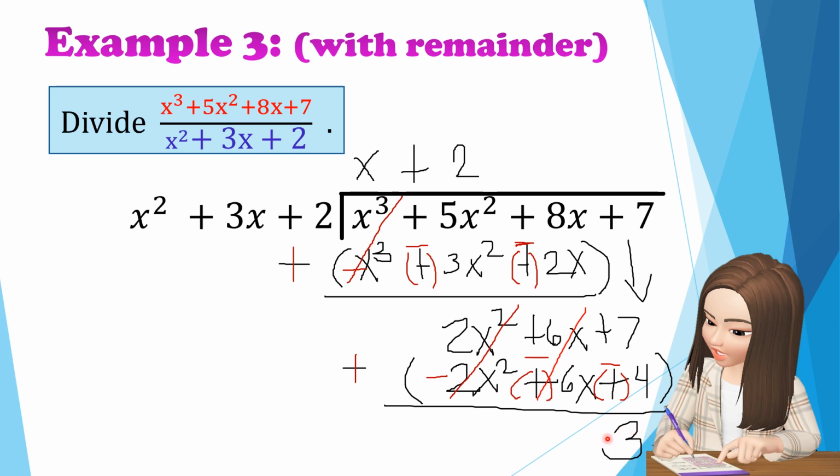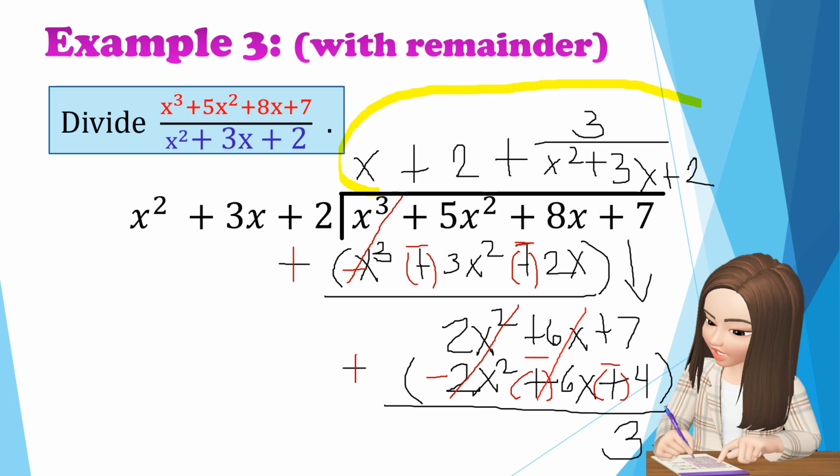When we write remainder, since this is positive, we are going to write here plus, and then the remainder will become the numerator, and our divisor will become the denominator. So you're going to put here x squared plus 3x plus 2. So now, our final answer is x plus 2 plus 3 all over x squared plus 3x plus 2.